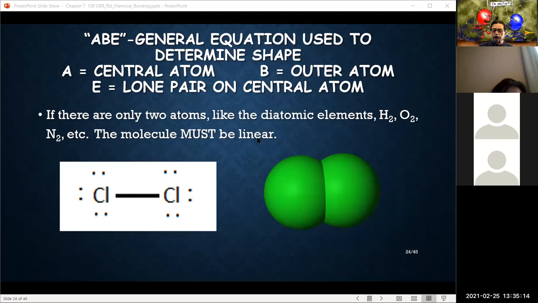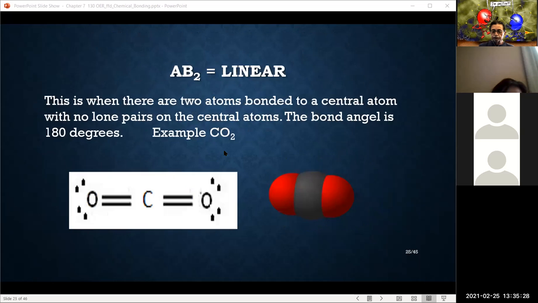Now, when you only have 2 atoms, it's pretty much straightforward. All the diatomics, that's CN negative, the cyanide ion, there's only 2 atoms. It just stands to reason it is linear, okay, with respect to the shape. Now, we also have other compounds that are linear that have 3 atoms, but depending on how they're bonded, creates this linear geometry.